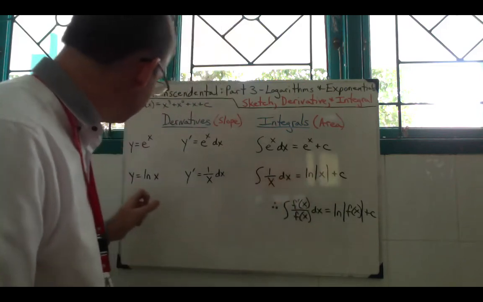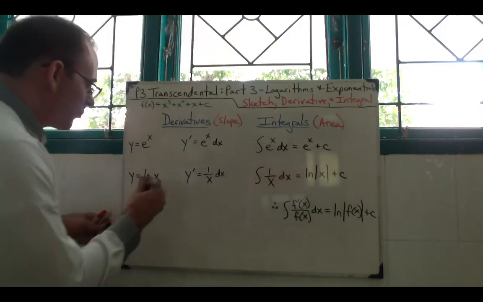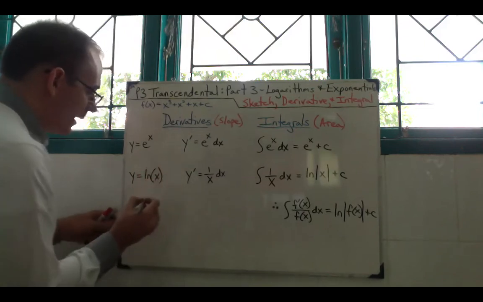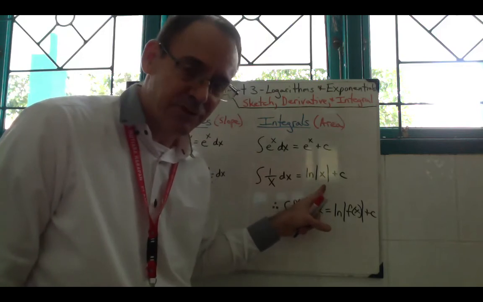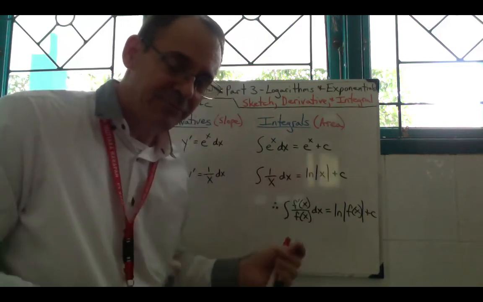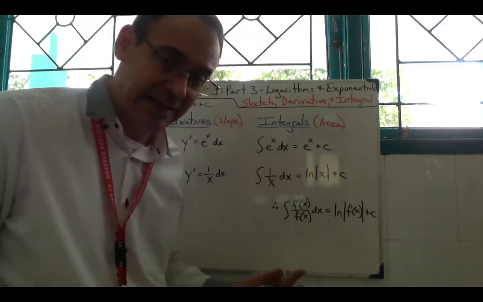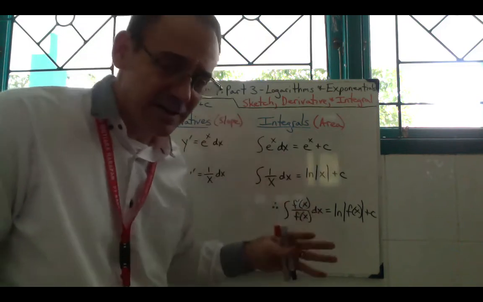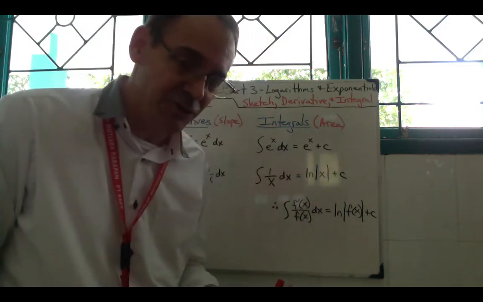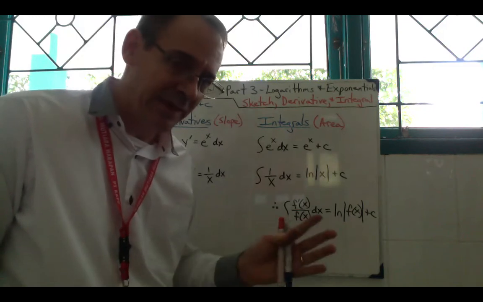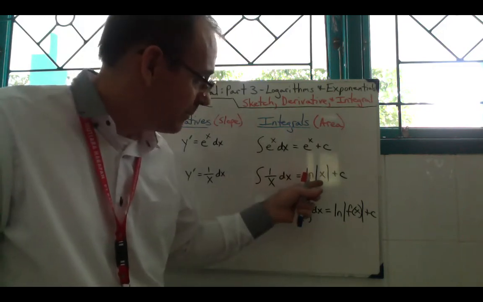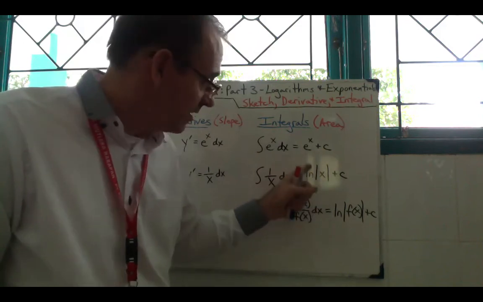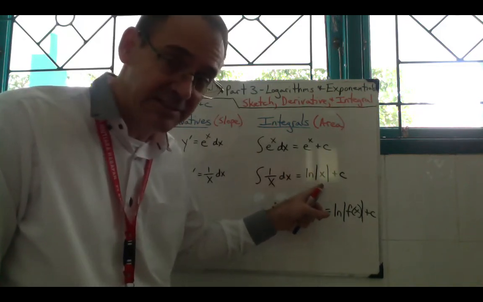Now notice, instead of having the parentheses around the argument, it is now an absolute value. I don't really have time to explain that. It hardly will affect anything that you do with Cambridge, although if you're double checking your answer, if you happen to have a negative argument, this makes sure that it turns positive.